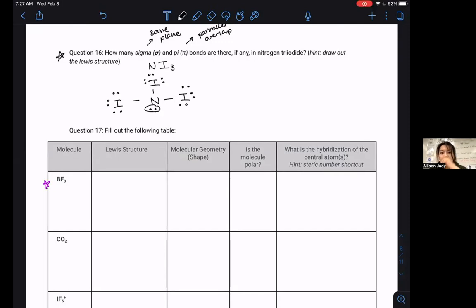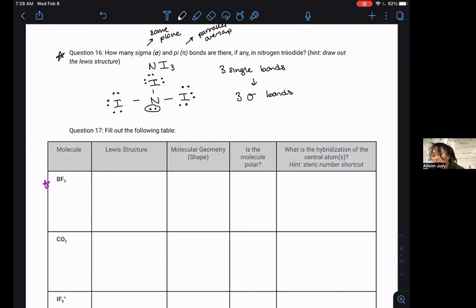All right. So we know that for every single bond present, there is a sigma. So we have 3 single bonds, and therefore we have 3 sigma bonds.